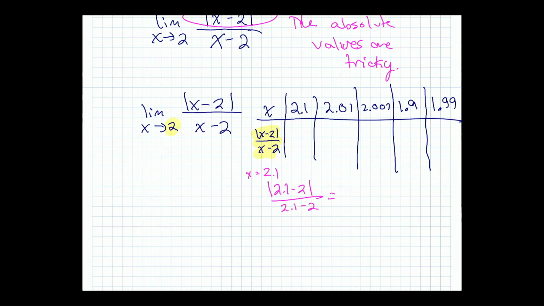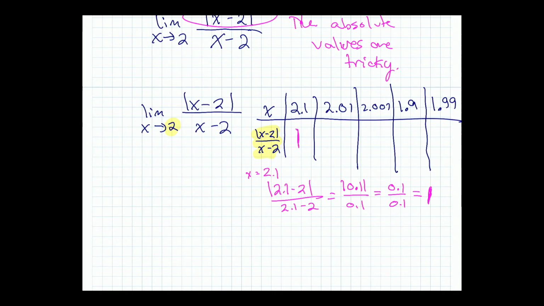Well, what happens? On the top, you do the subtraction, you get absolute value 0.1 over 0.1. But the absolute value of 0.1 is 0.1. So you get just 0.1 over 0.1, which is 1. So this is 1.